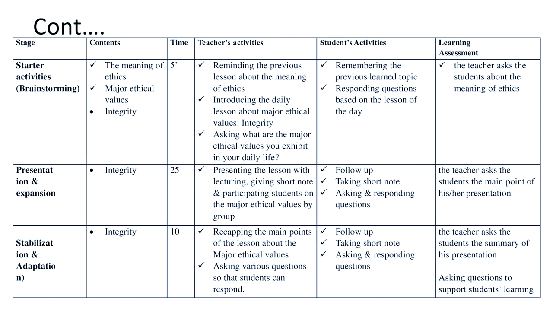And then there are 3 sections here in the table: starter activities, that is brainstorming, presentation and expansion part, and finally the stabilization and adaptation part. So please use this format and try to plan your lesson.